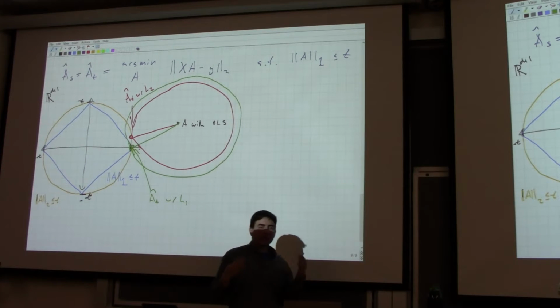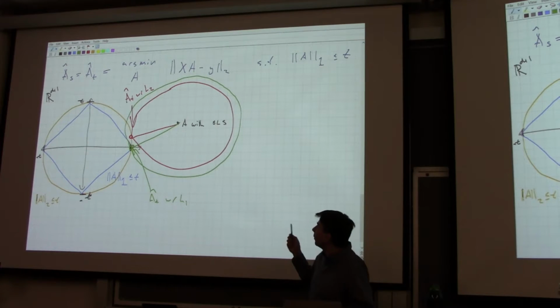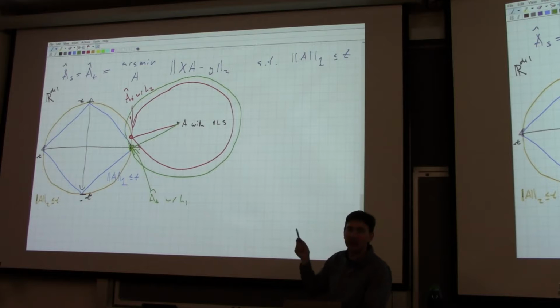So when the solution has about all the same coordinates, they're all about the same value, it's going to tend to be dense. But if some of the coordinates are more important than others, then the ones that are less important are going to get zeroed out. So this is why L1 regularization tends to bias towards the sparser solution. Does that kind of make sense?